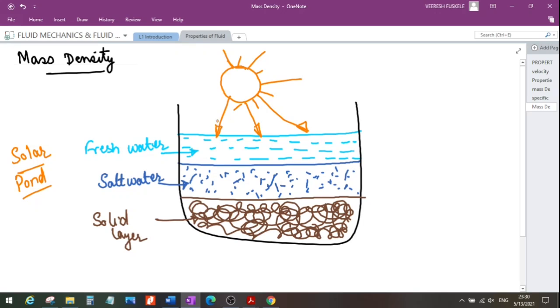So suppose we draw it like this, right? So these are the sun rays that are falling on the fresh water, right?